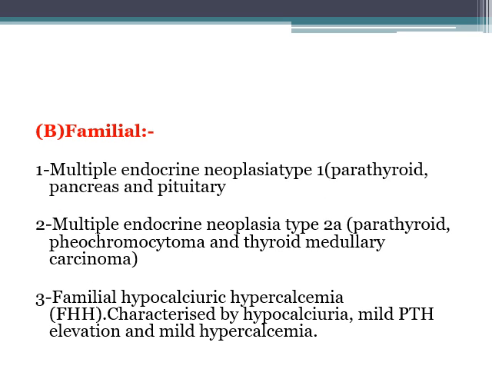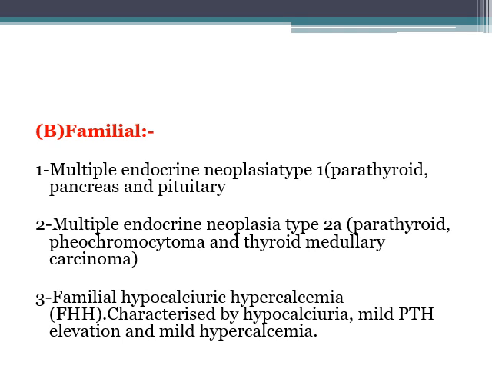Another type of hyperparathyroidism is familial, which may be due to genetic predisposition and run in families. It may be due to multiple endocrine neoplasia type 1, which is also called MEN type 1, which includes hyperparathyroidism with pancreas and pituitary neoplasms.